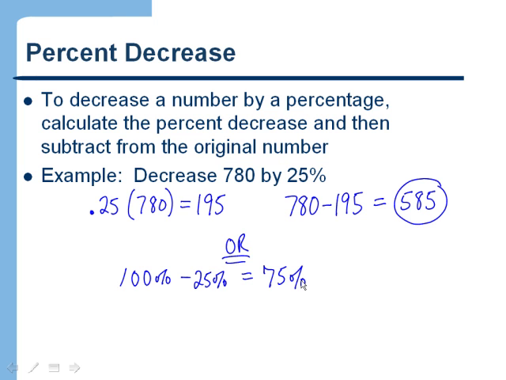So we can get to the same answer by instead just directly taking 75% of the original number. And once again, if we take 780 and multiply by 0.75, we get 585. So again, you can do those either way.